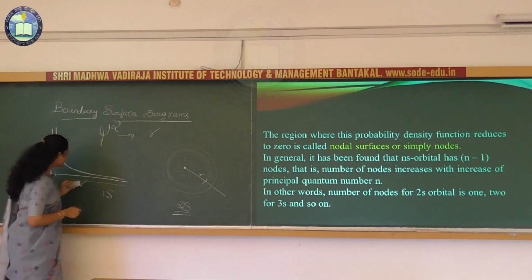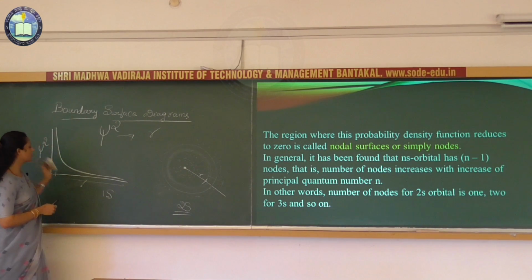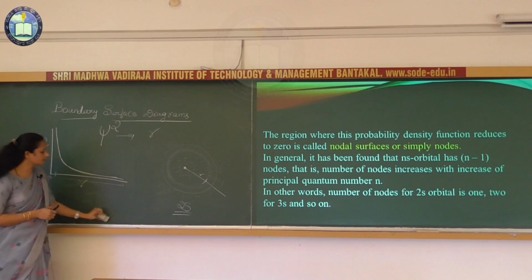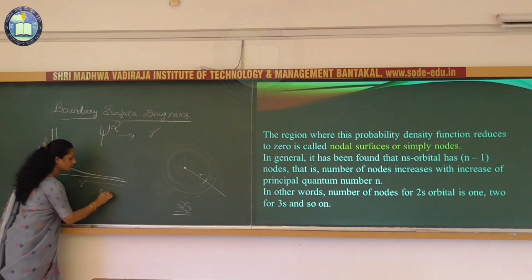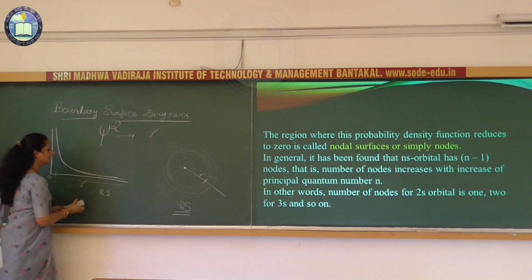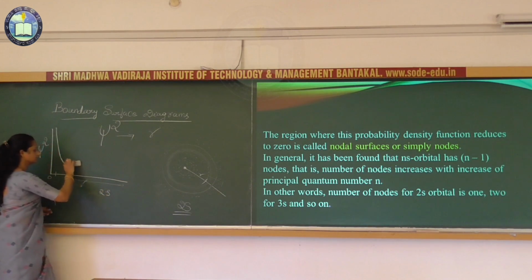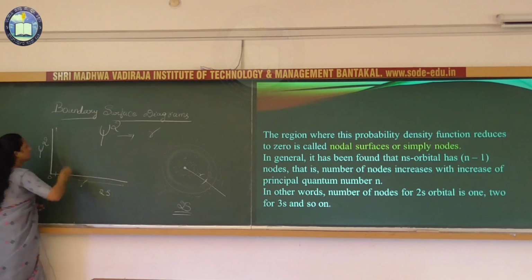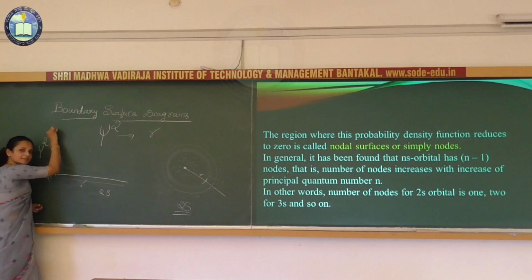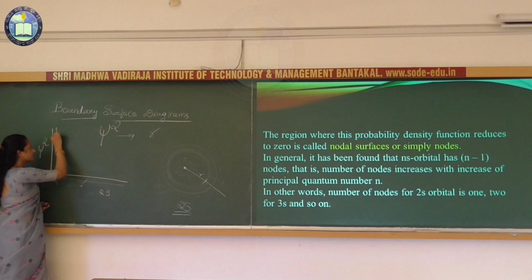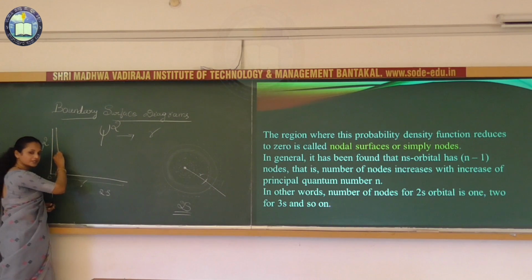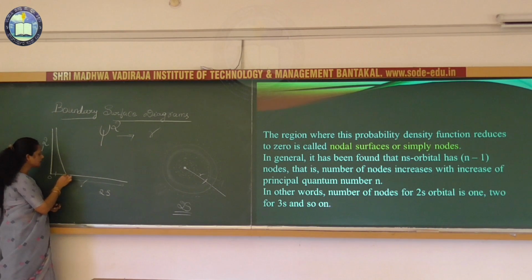So when we plot the graph, psi versus r for the 2s orbital, 2s orbital ಗೆ ನೀವು plot ಮಾಡಿದ್ರೆ, first electron density is maximum near the nucleus. It decreases with the increase in the value of r. ಮತ್ತೆ ಏನಾಗ್ತದೆ, at one particular point it decreases to 0, reduces to 0, probability density is 0 at one particular region.